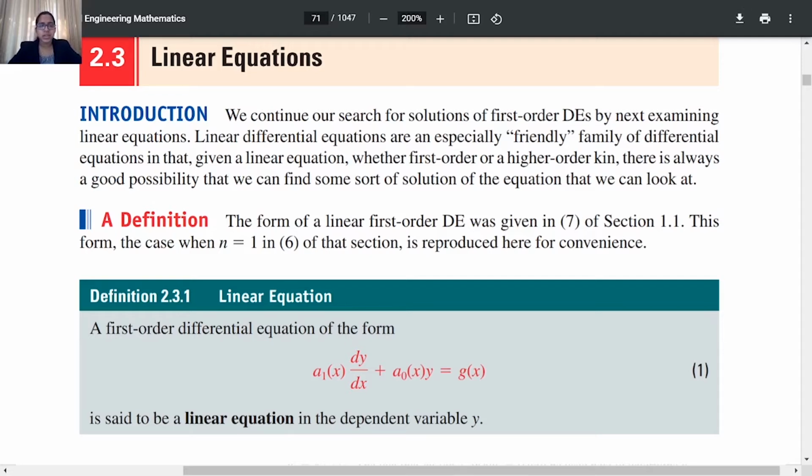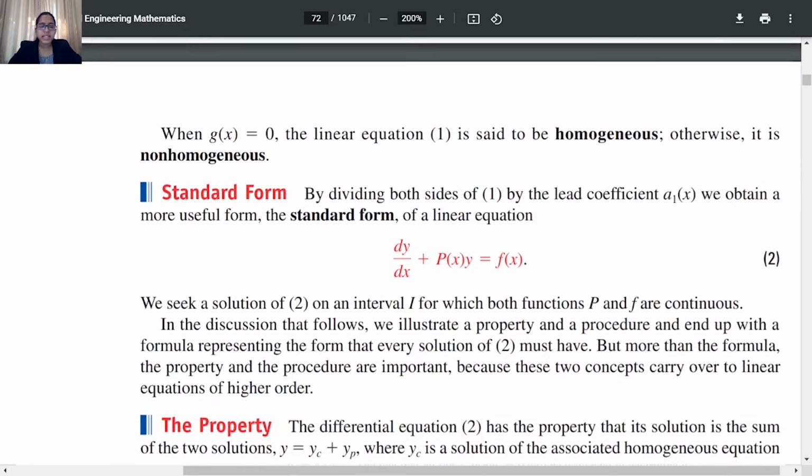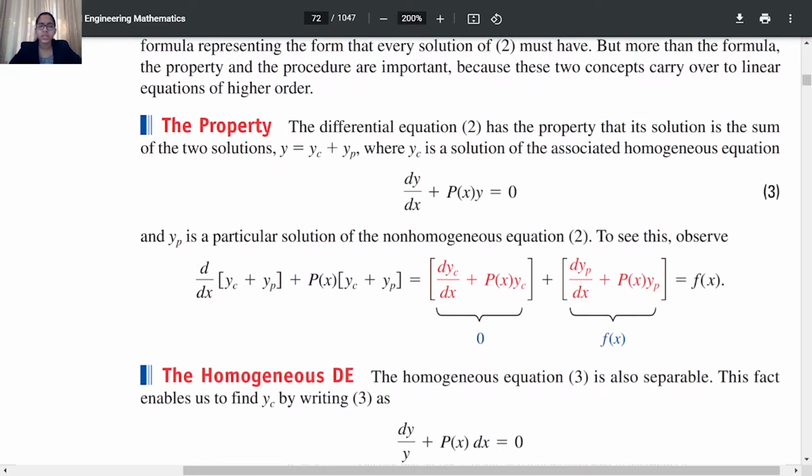You can see in your textbook the definition of the linear differential equation, which we have just seen. Now I would like to discuss a small property regarding the solution of this differential equation.